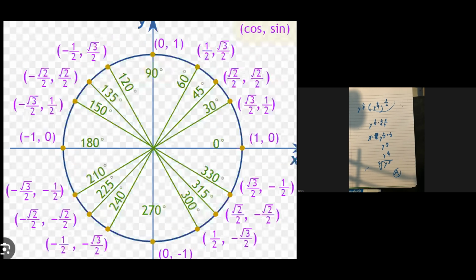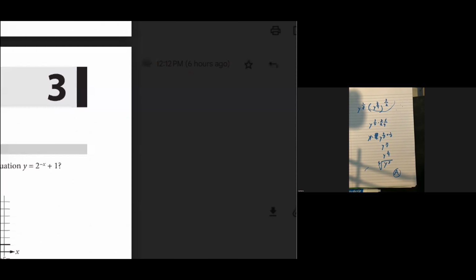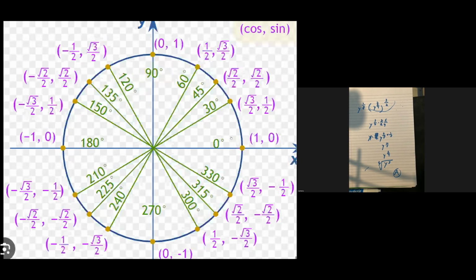Basically, how this one actually works is that we're trying to find sine 3 pi over 4. And so 180 degrees is pi. So half of pi is 90 degrees. So 3 over 4 of pi is 135 degrees.